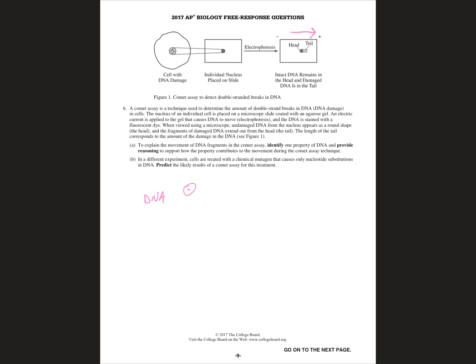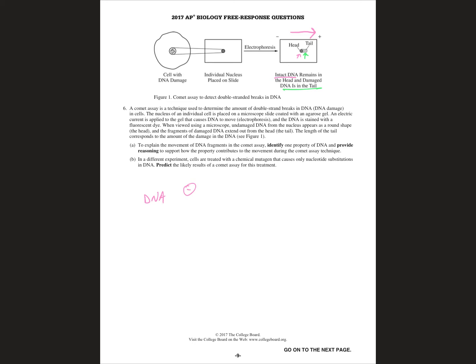Damaged DNA is probably going to be uncoiled, right? The intact DNA is going to be here in the head, according to the reading, and then the damaged DNA is here in the tail. That's what I'm reading so far.